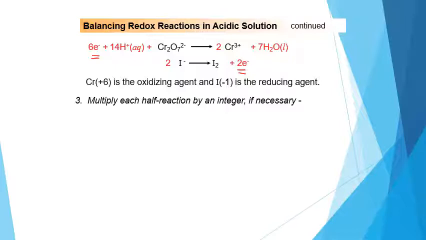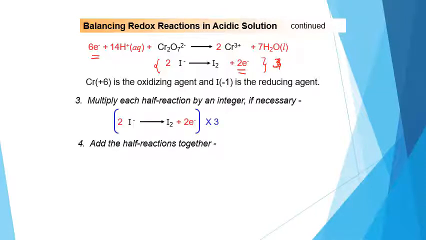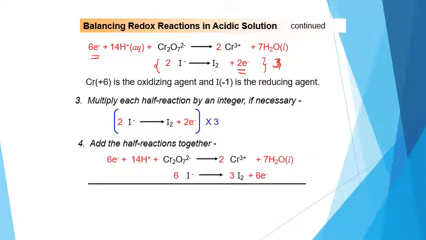So we have to multiply this one by 3 in order to have a total of 6 electrons in the oxidized portion, equal to the reduction portion. If we multiply it by 3, we have 6 iodine minus in the reactant plus 3 I2 plus 6 electrons. So that is the total.